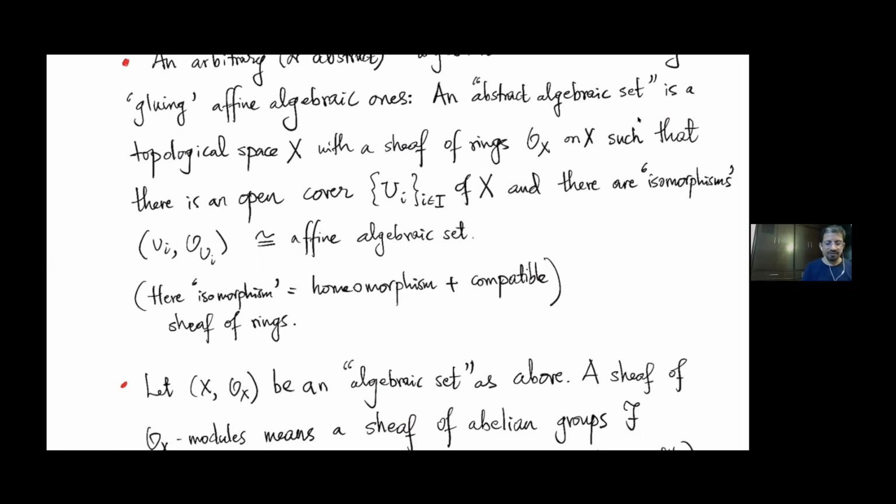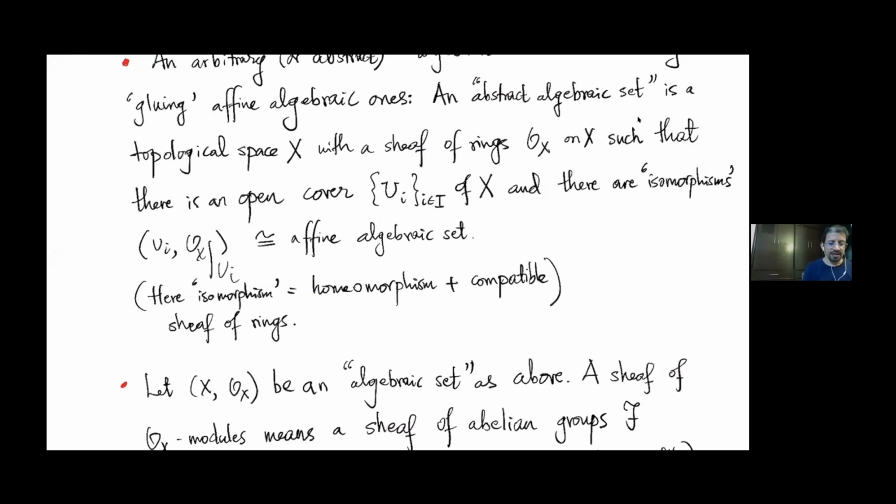Basically, isomorphism means the following: this side is a topological space with a sheaf of rings, and the small thing I should write here is O_X restricted to U_i.